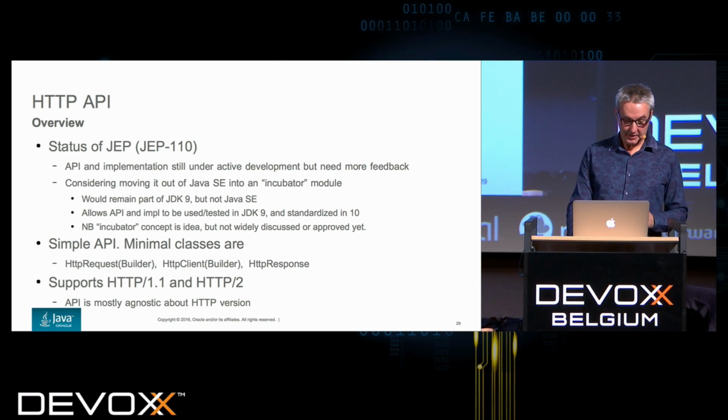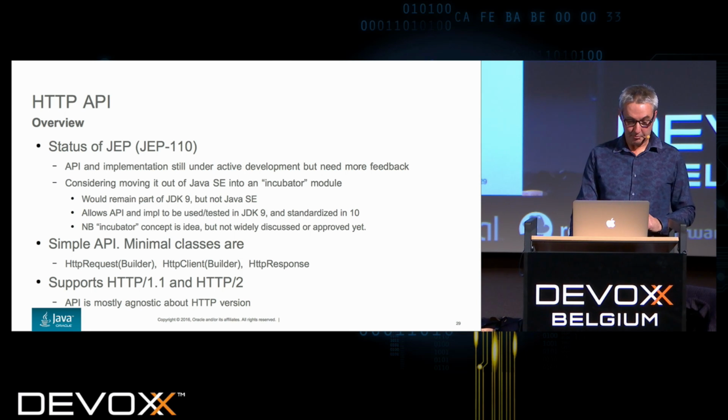There isn't a commitment that it will never change. So the idea would be that the API and the implementation can be used in JDK 9 and then standardized in a following release, hopefully 10. As I said, this is just an idea that's being floated at the moment, or will be soon, but hasn't been widely discussed yet, or certainly not approved.